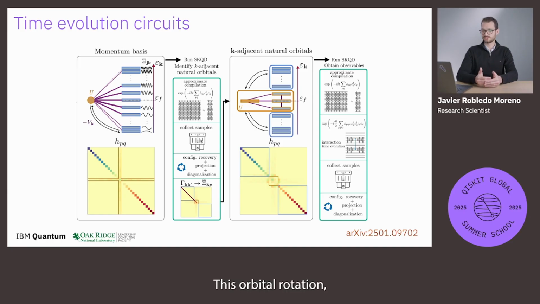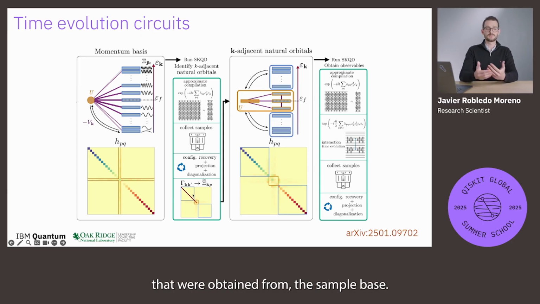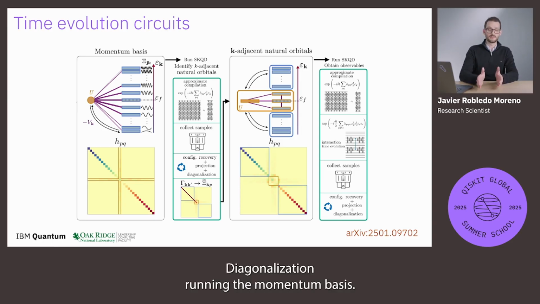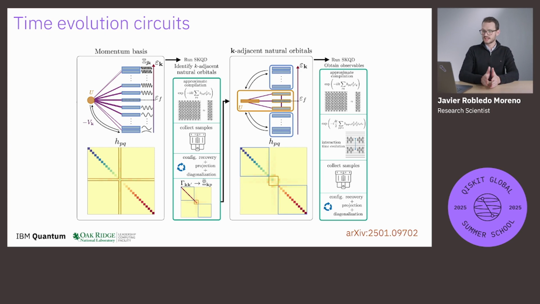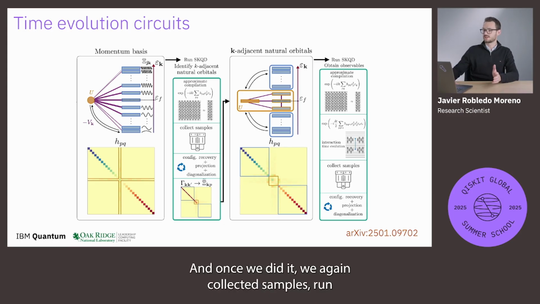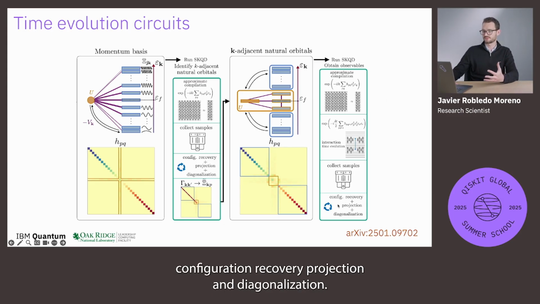This orbital rotation is informed by the results obtained from the sample-based Krylov diagonalization running in the momentum basis. It also allowed us to efficiently compile the quantum circuits in this new basis. And once we did it, we again collected samples, ran configuration recovery, projection, and diagonalization.